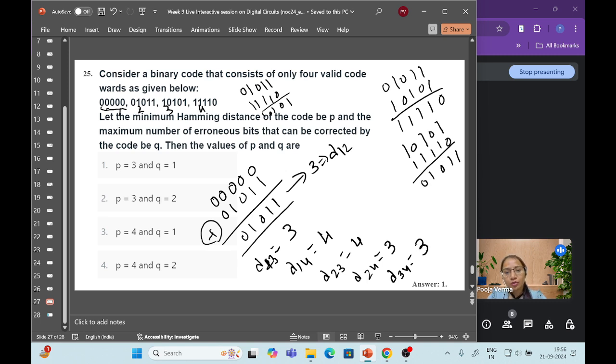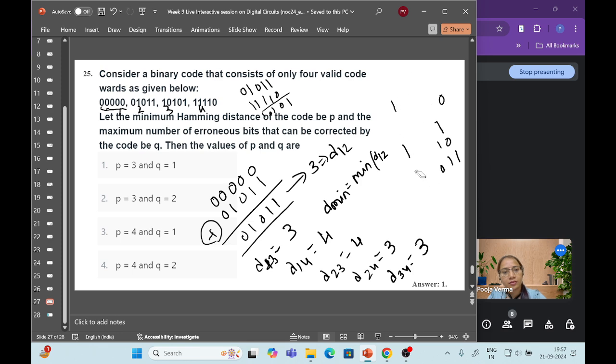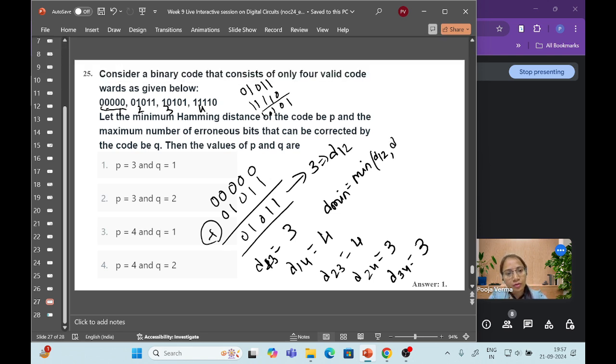So we need to take the minimum Hamming distance. D minimum is the minimum of all of these: D12, D13, D14, D23, D24, D34.